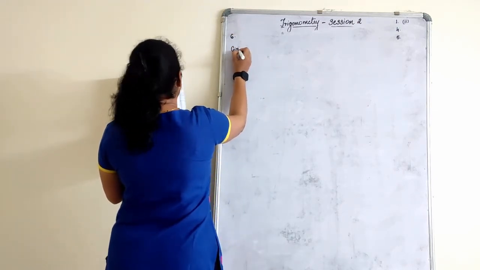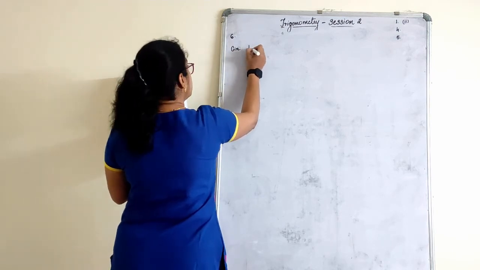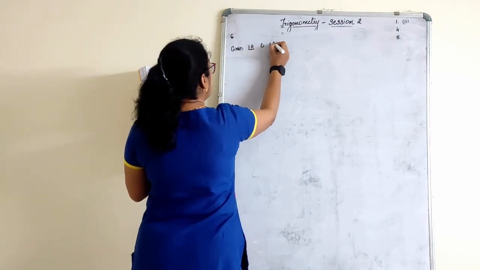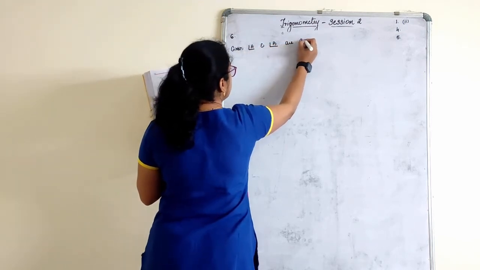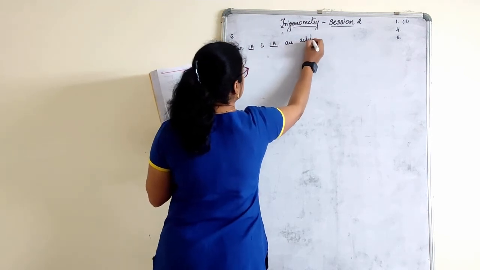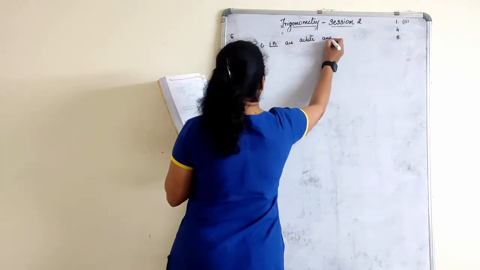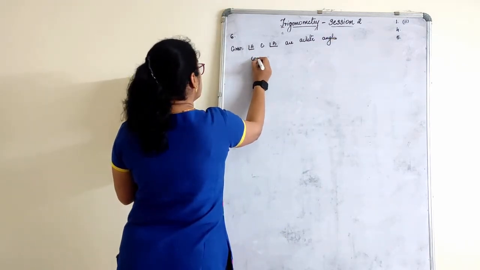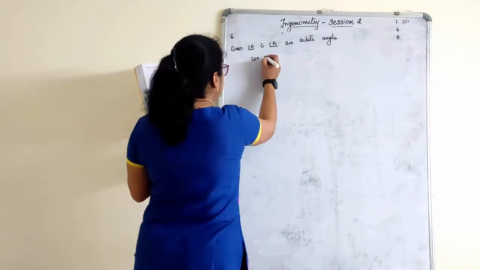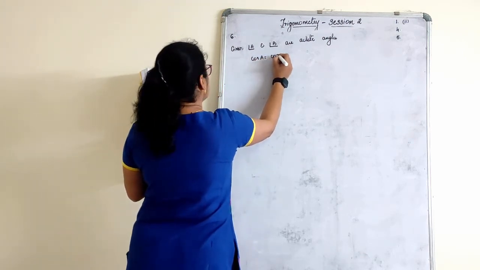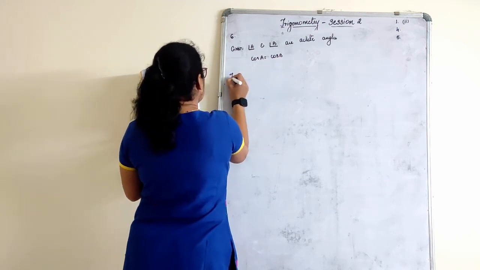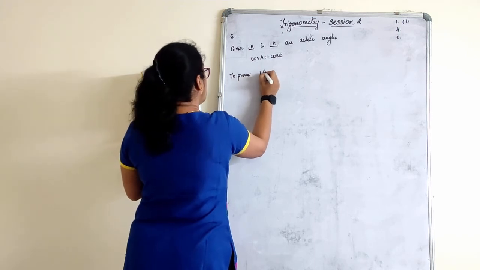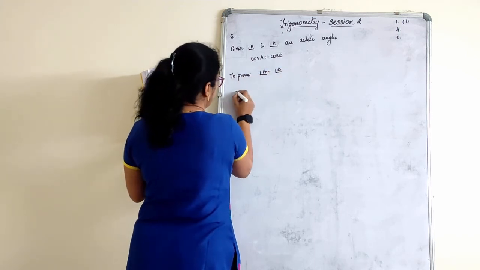Given A and B are acute angles such that cos A is equal to cos B. To prove or to show: angle A is equal to angle B.